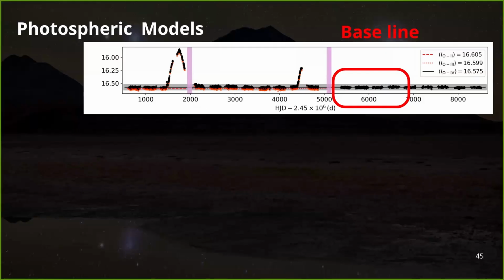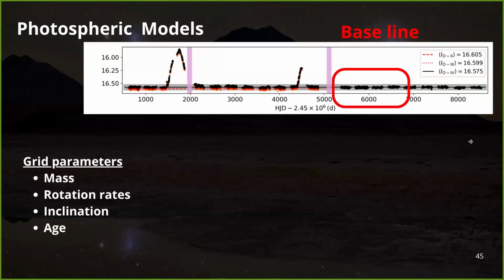So we are saying that this star has no disk in this phase. This allows us to use photospheric models together with other information to estimate especially the mass of those stars.